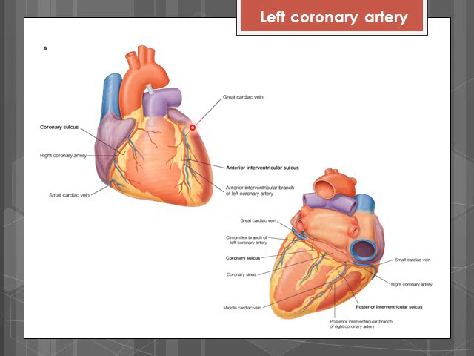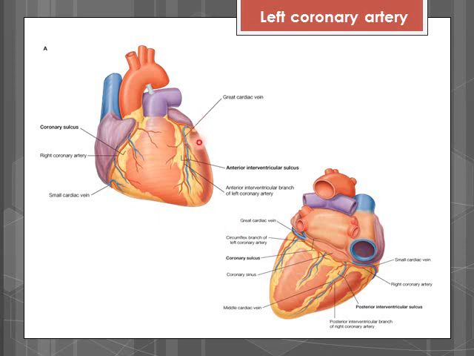The circumflex artery winds around the left margin of the heart to appear in the posterior part of the coronary groove. It gives atrial branches to the left atrium, supplying both sides of the left atrium, and also anterior and posterior ventricular branches, supplying the anterior and posterior surfaces of the left ventricle.